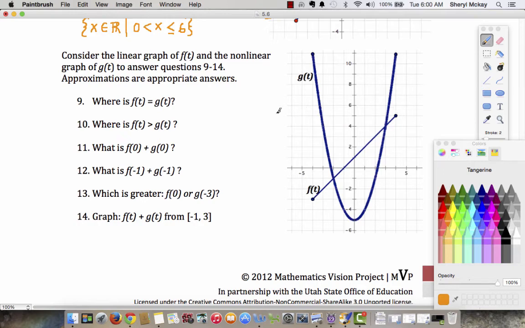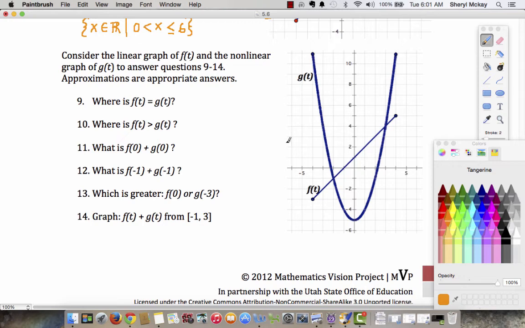And then we have g of t, it's actually a quadratic function, this parabola, this kind of U-shaped function that starts up here and moves down and then back up, okay? And it's going to ask us some questions related to the two, all right? But before we do that, let's see if we can figure out a few things.